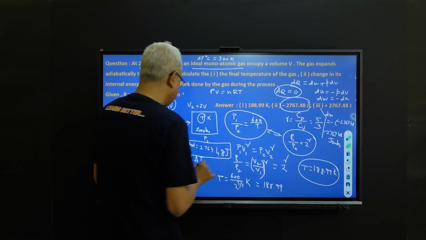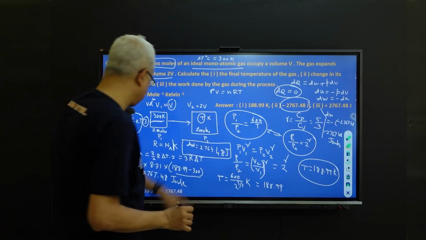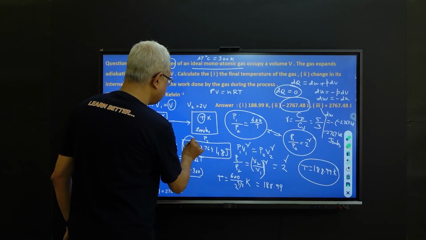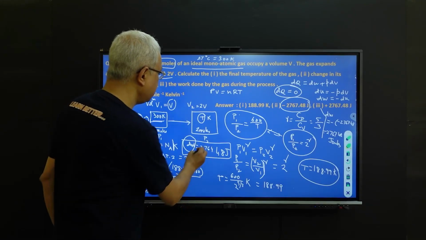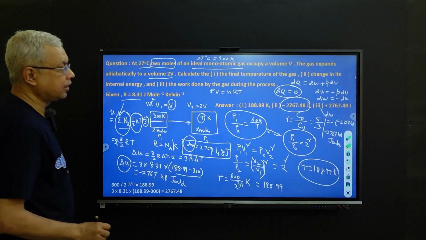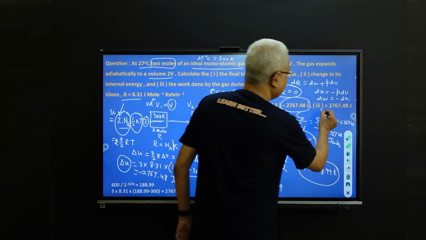So the change in internal energy is negative 2767.48 joule, and the work done by the gas is plus 2767.48 joule. Okay, so this is the problem.